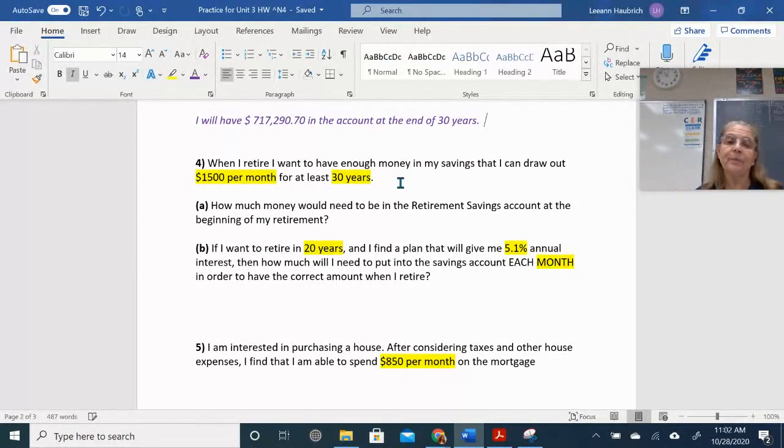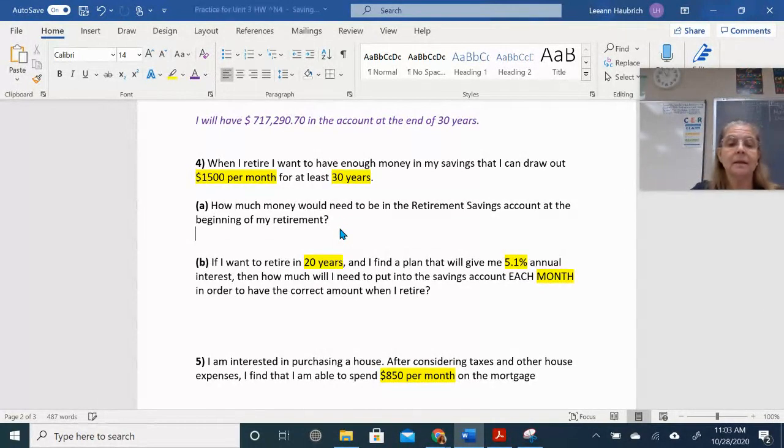So the first part of the question says, how much do I need to have? Well, I want to be able to take out $1,500 every month for 30 years. So how much do I really need at the end of that savings account is basically what it's saying. It's saying, how much do I need?